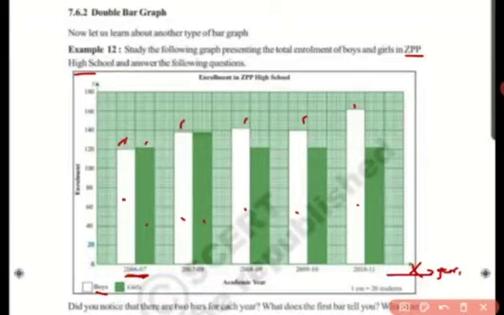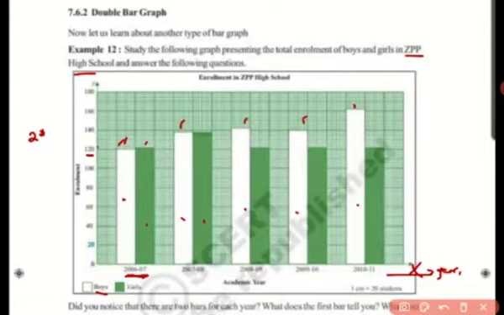In 2006 to 2007, the number of boys enrolled was 120. From the graph itself I'm seeing and saying this. And from 120 to 140, how much difference is it? It is 20 divisions, right? So each division will have how many? 10. So each one will be 2. So one unit will be 2.